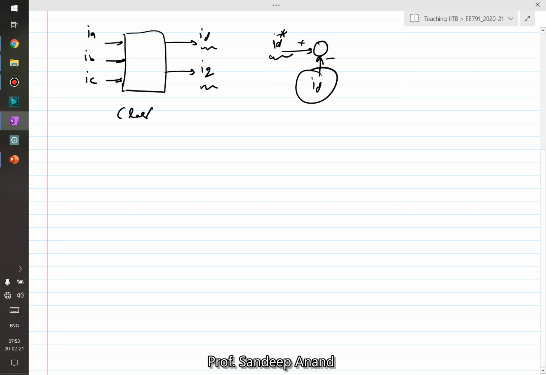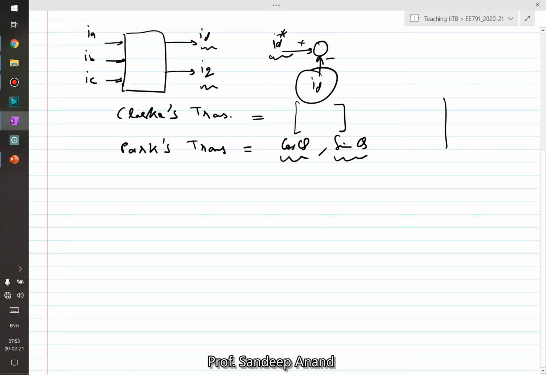If you see Clarke's transformation, it is essentially a matrix with constant values, right? It is a matrix with constant values. But Park's transformation requires values which are cos theta and sin theta, where cos theta and sin theta are the angle of this rotating DQ frame with respect to the vector VA in space.